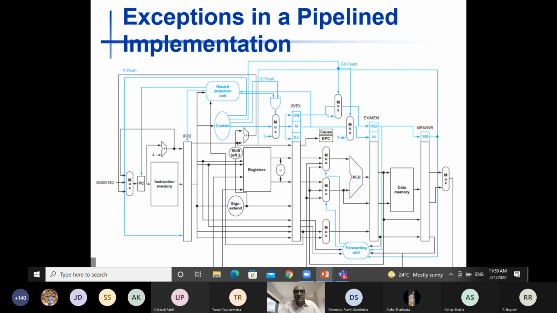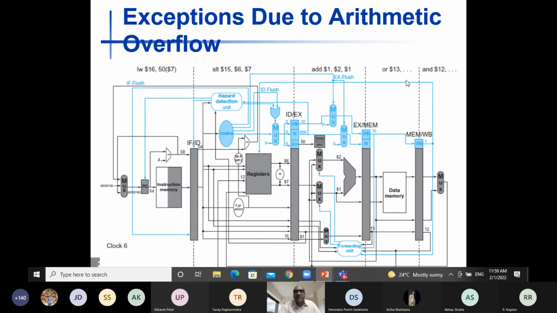You can see a more detailed one here. Suppose an add instruction has an exception occurring here. Because the exception occurred here, the control signals afterwards have to be zeros, with no operation, so you place bubbles from this point onwards.